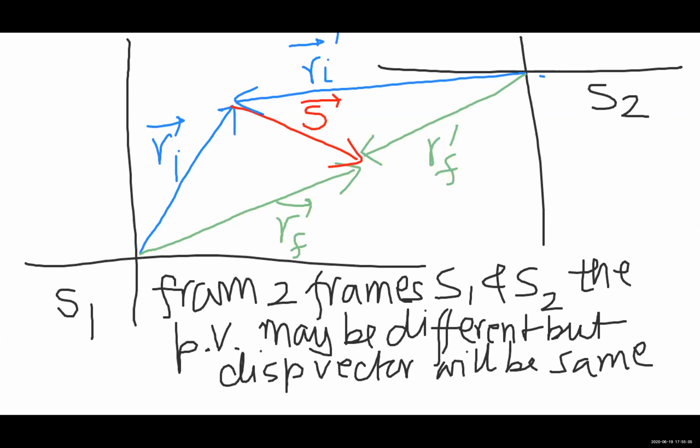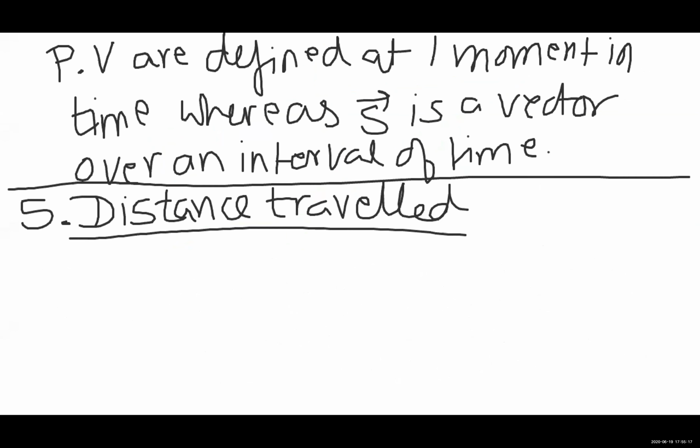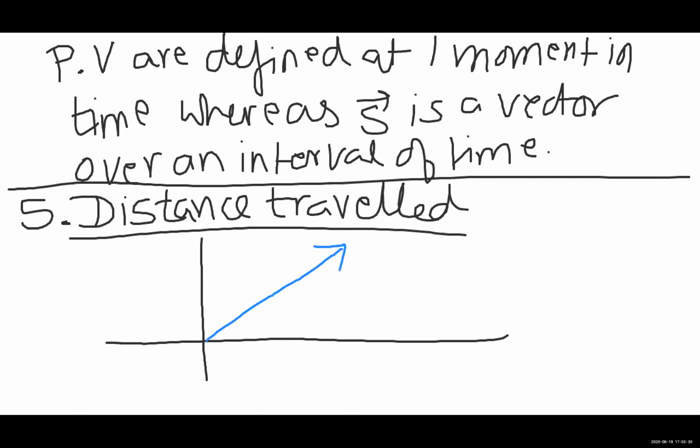You are looking for some information which is greater than the initial and final point, yet less than a description of every moment of motion. And distance traveled is the third bit. So if we have a particle which is moving from this initial position to this final position, then the particle may have moved like this.